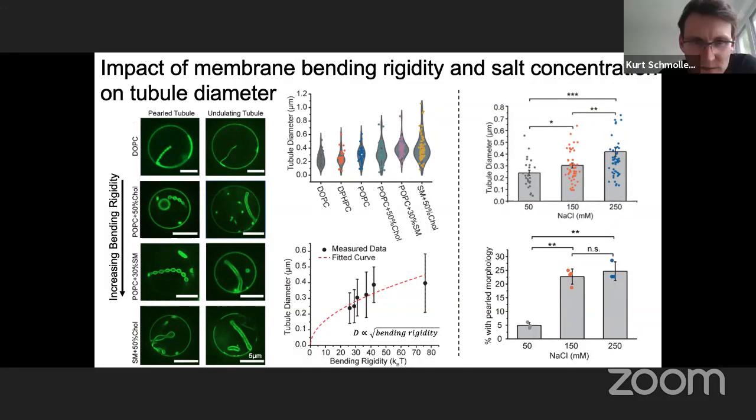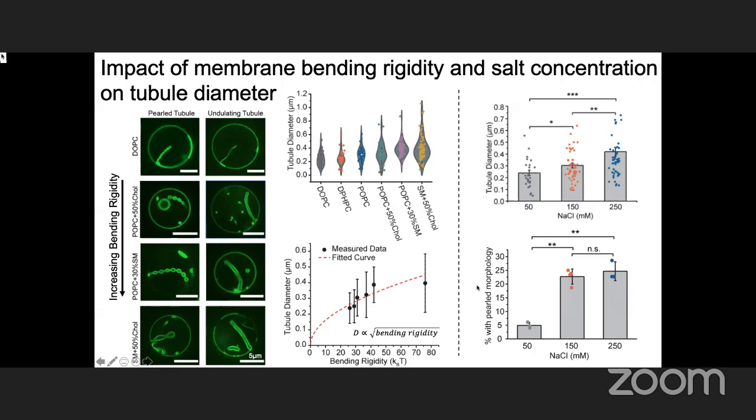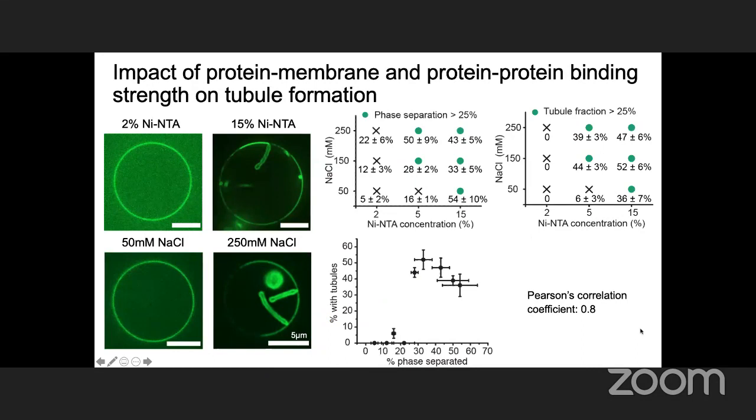I think we can ask one more question and then we move to the next talk. The question is, what happens if you remove some of the excess area of the vesicle? That's a good question. What do you mean by remove some area of the vesicle?